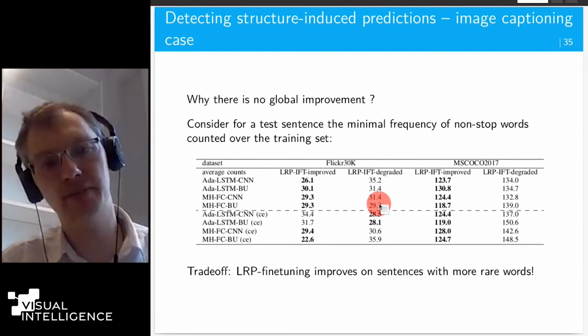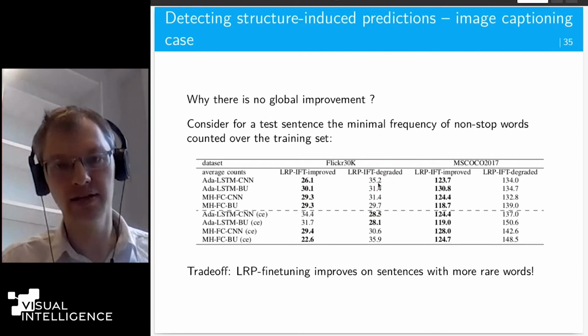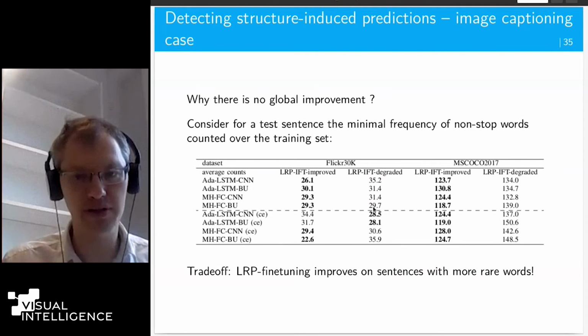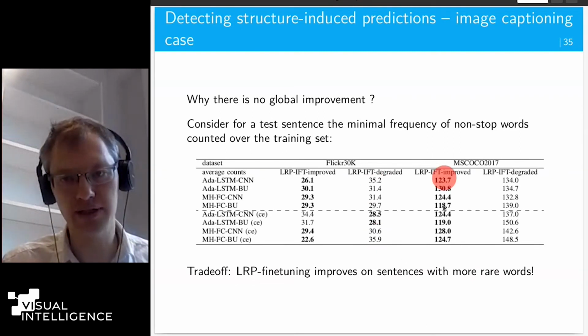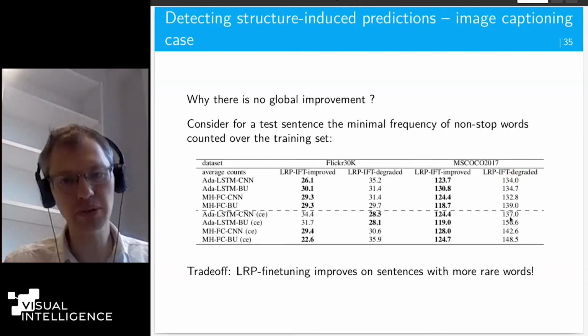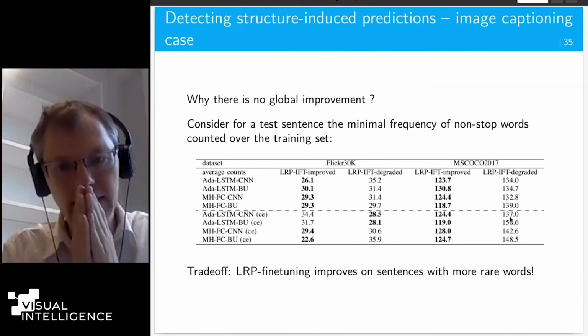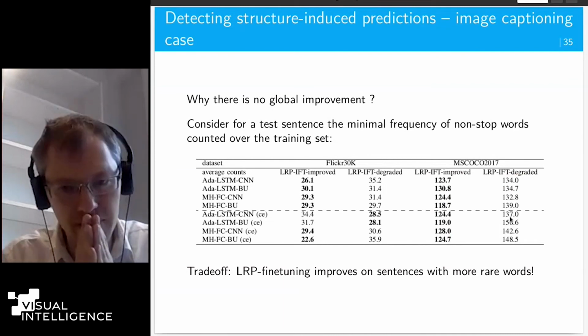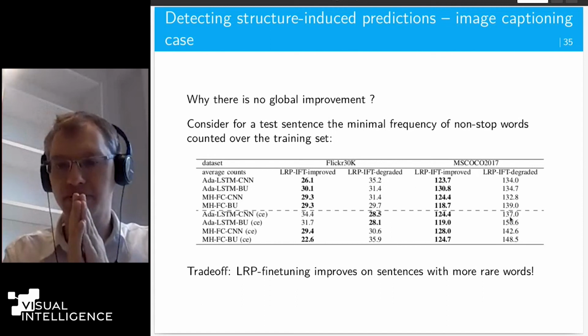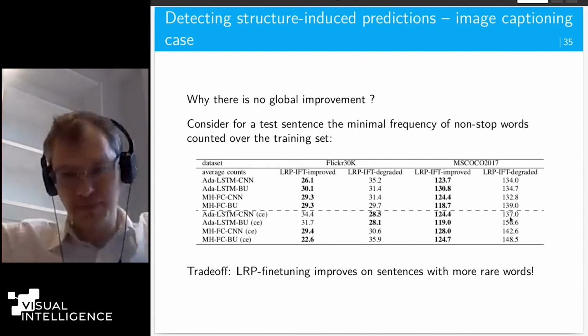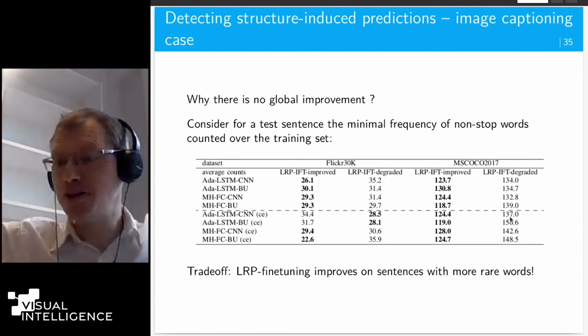And for those sentences where LRP made the prediction worse, the frequency of the rarest words is rather high. You can see this here as well. So the point is, this LRP fine-tuning improved the prediction performance on sentences with more rare words, on those parts of your data which are more outlierish.